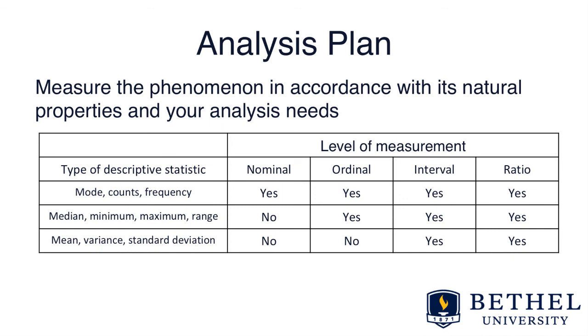The other scales will work just fine for you. But if you want to look at the more robust ways that we do statistical analysis, look at means, look at variances, or look at standard deviations, which are all a part of the statistical testing that we use, then you need to have data that is either interval or ratio.